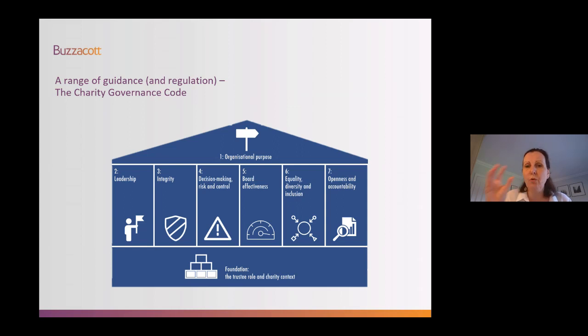So that overall purpose of the trust, the educational purpose, and what you want to achieve as board members. In terms of the second point here, leadership. So this is really emphasising that collective responsibility that you have as a board for leading the organisation. So really that the values of the trust are being reflected in the work of the trust and in the way in which the board is operating.